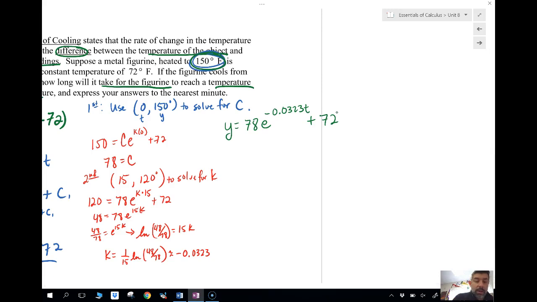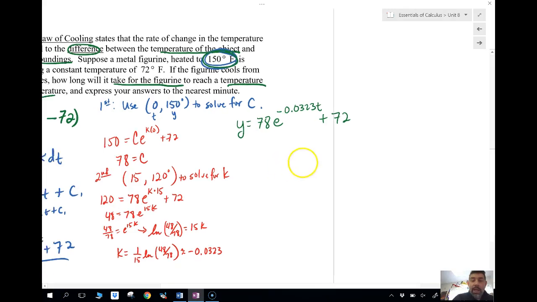Now we're going to go ahead and solve for t with our last bit.